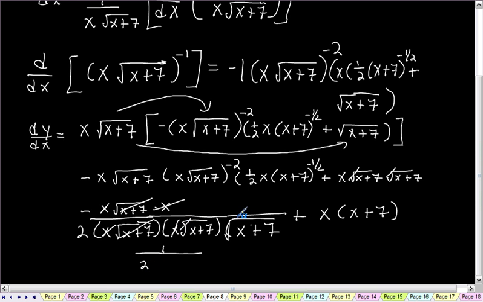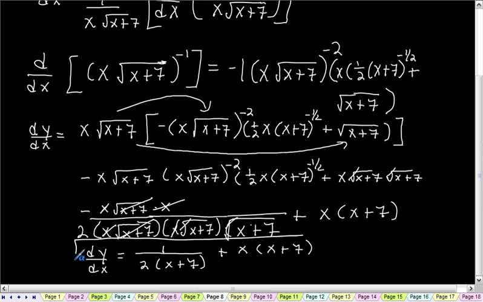These two cancel out because that's just that to the second power. That cancels out, so we're left with times x plus 7. That's that pair. Plus x plus 7. And that is a very long and complicated derivative. This is as far as it can go.